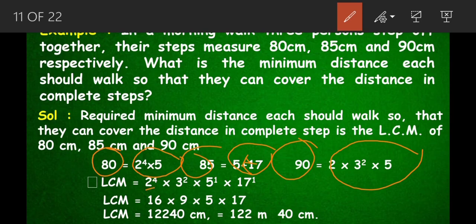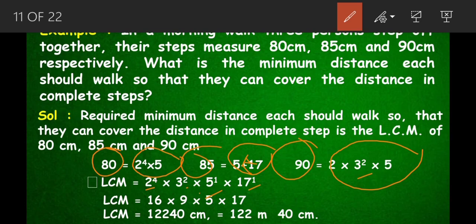For 3, 3 square is the greatest. For 5, 5 power 1 is the greatest exponent. 17 occurs one time. Like that, we have to take all prime factors with their greatest exponents and multiply them for finding the LCM.